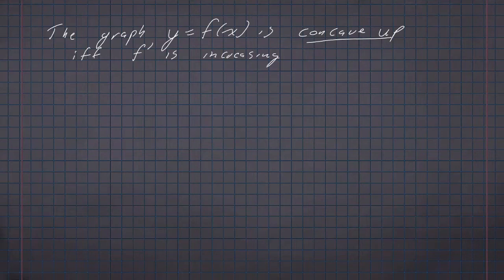The graph y equals f of x is concave down if and only if f prime is decreasing.